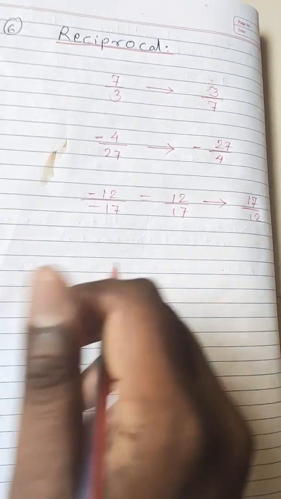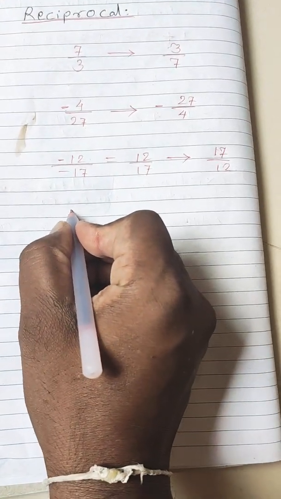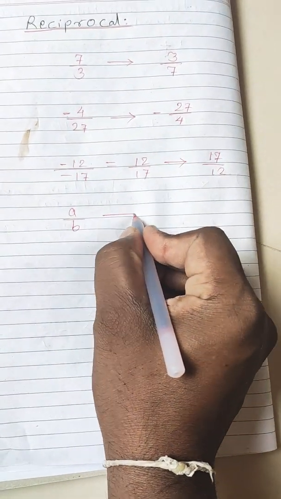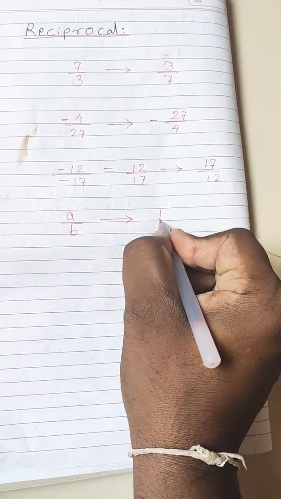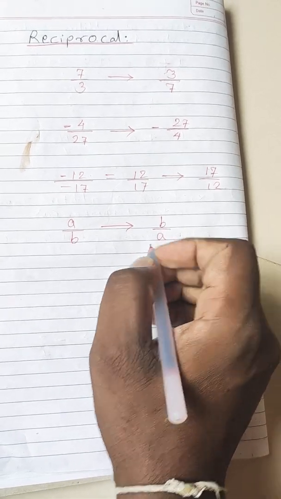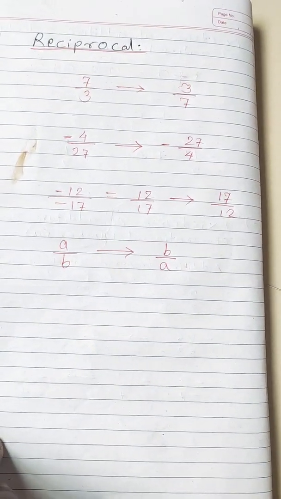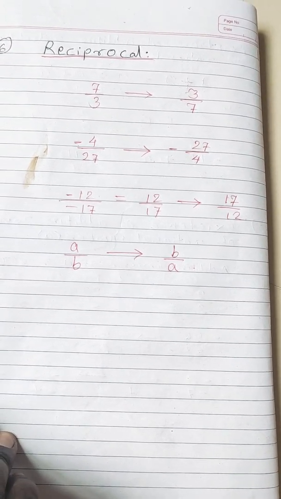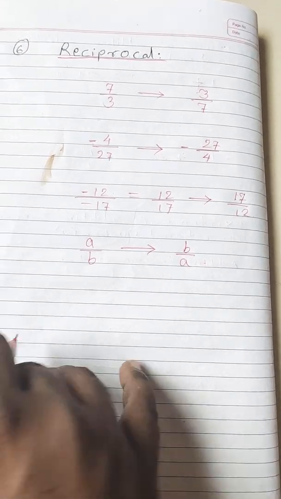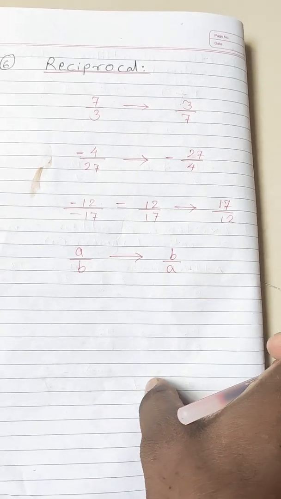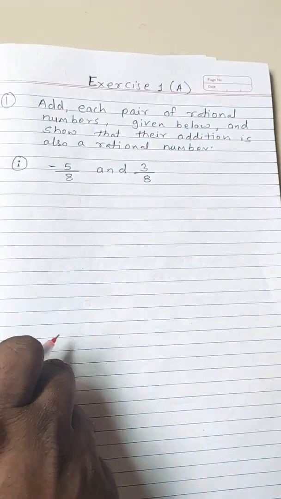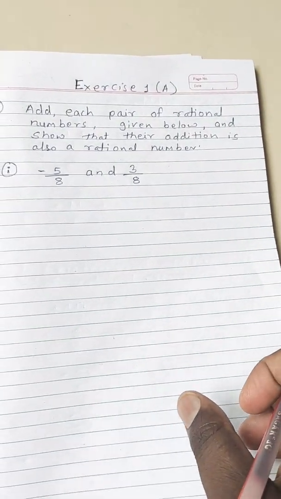Is that clear? That means if a upon b is any rational number, its reciprocal will be b upon a, and whatever the original signs are, plus or minus, that will remain the same. Is that clear? Okay.